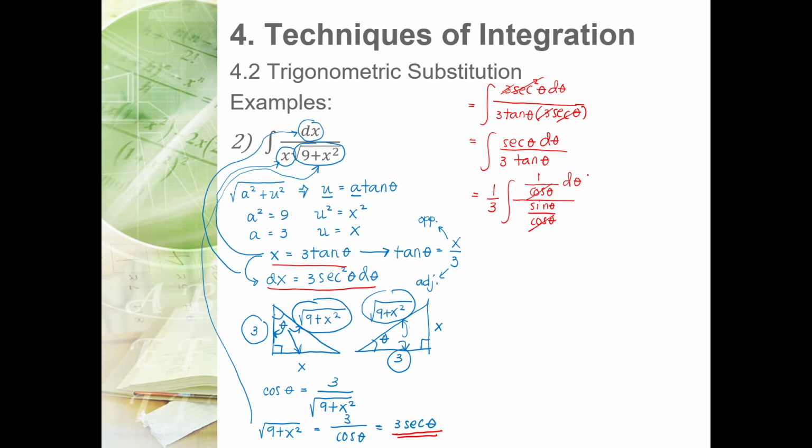So if you're wondering how it cancels, if we try to make it in a division manner, so divided by sine theta all over cosine theta, so getting the reciprocal of the second term, then multiply, right? So cosine theta all over sine theta. So cancel, what's left is 1 all over sine theta.